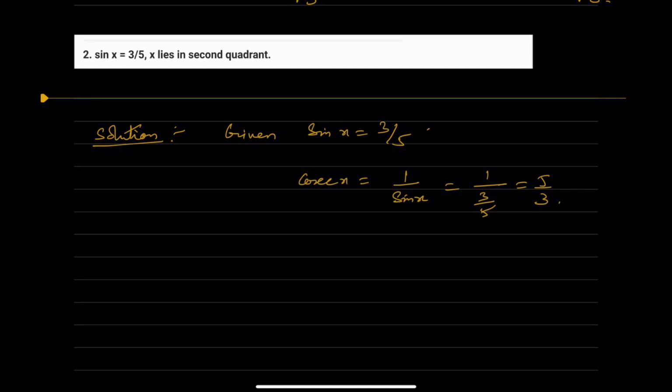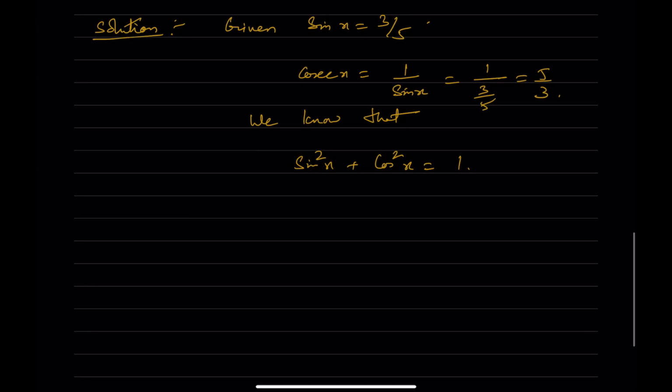Now we also know from the identity that sin square x plus cos square x is equal to 1. So therefore here sin x is 3 by 5, so 3 by 5 whole square plus cos square x is equal to 1.